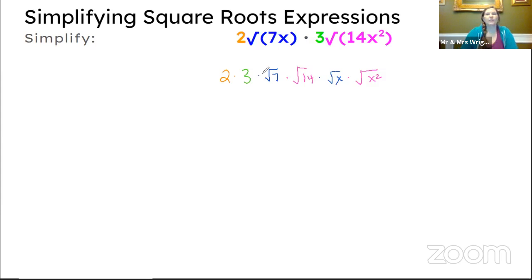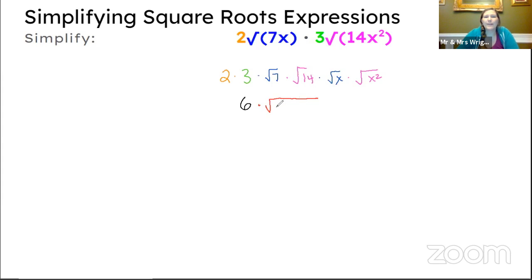Okay, now what I want to do is combine this information. The first thing I'm going to combine here is the 2 and the 3, and that makes a 6. All right, the next thing I want to combine is the numbers under a single radical, but I'm not just going to multiply them.